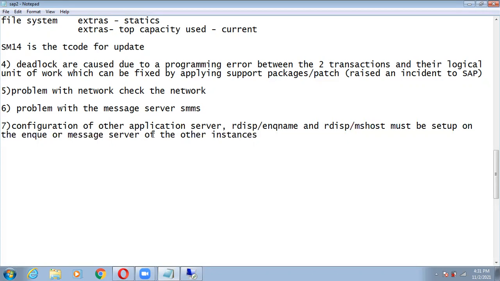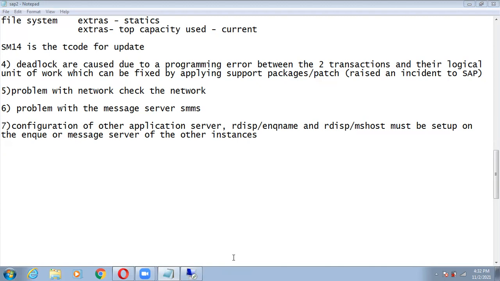And yesterday I told you about whatever the lock entries. Generally the locks are observed in which T code?